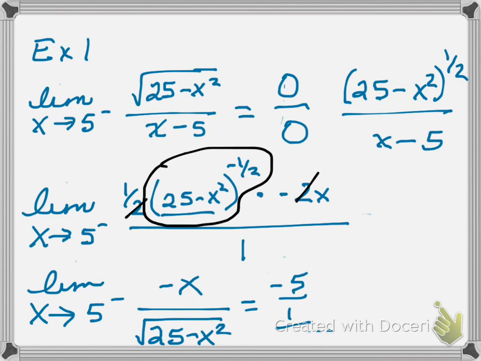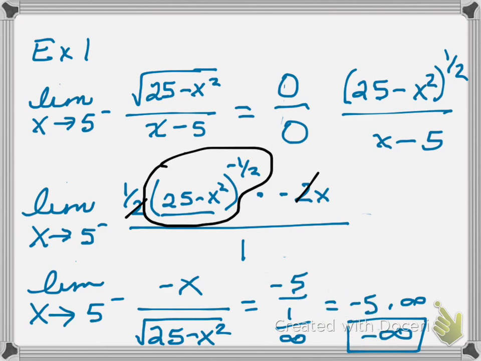That would be negative 5 times that crazy large number, which would come out to be a crazy large number. So the answer is negative infinity, because you've got this negative here to begin with.